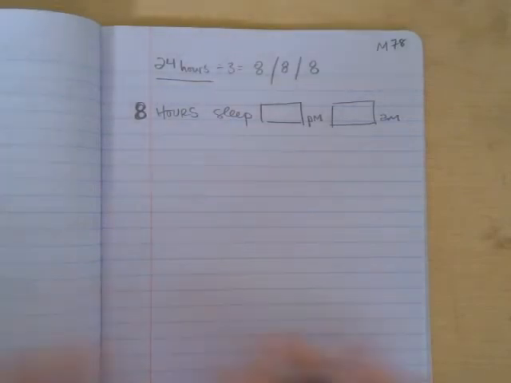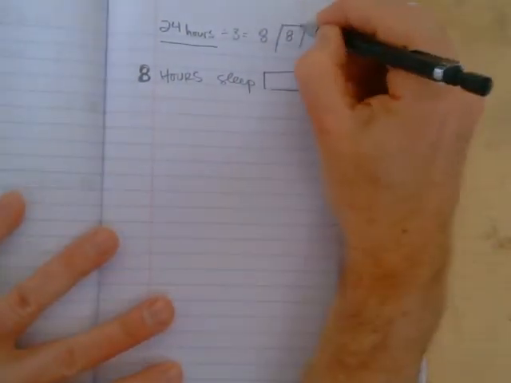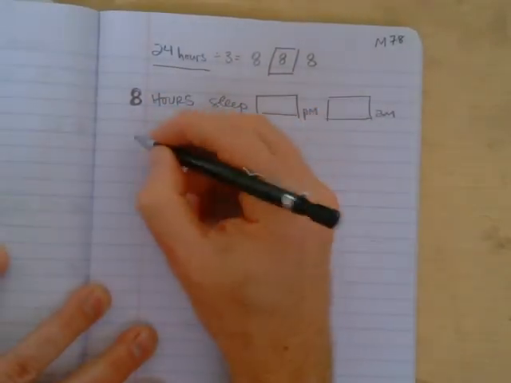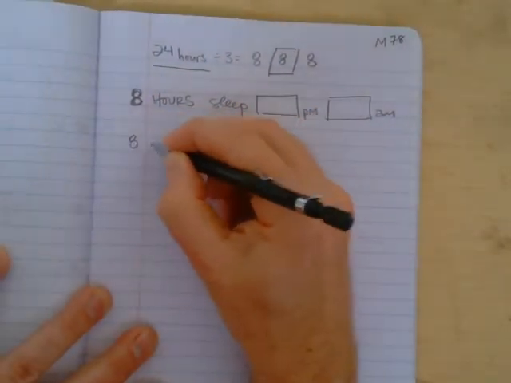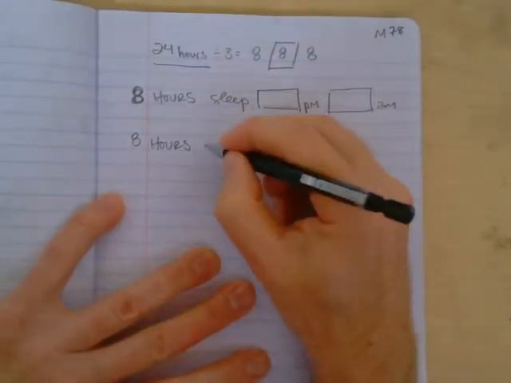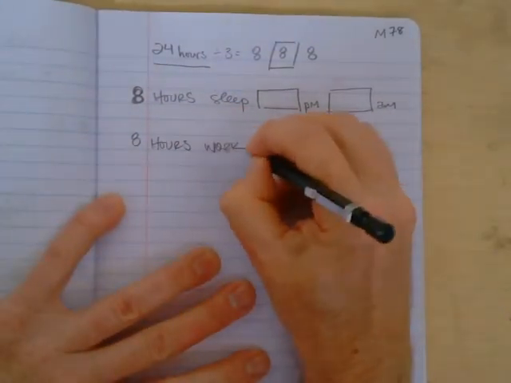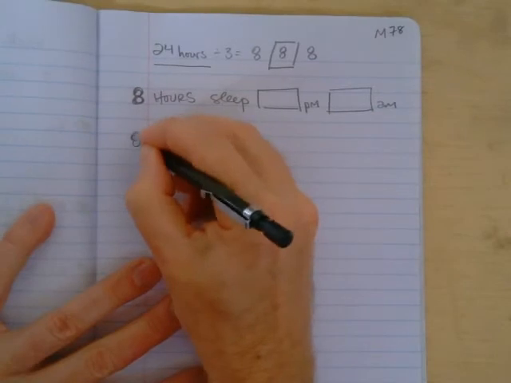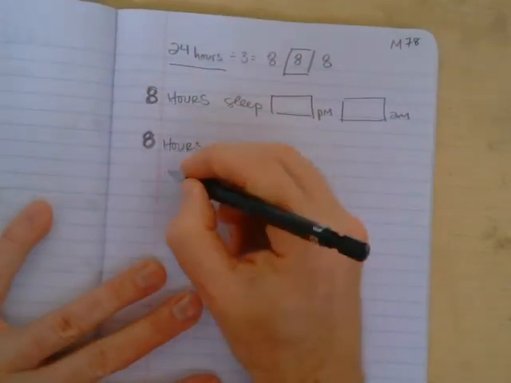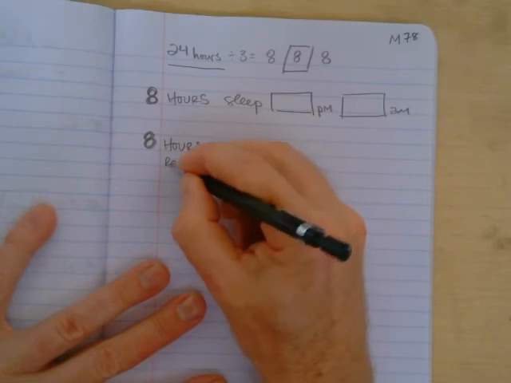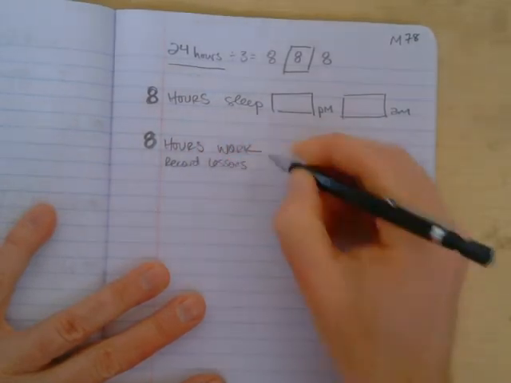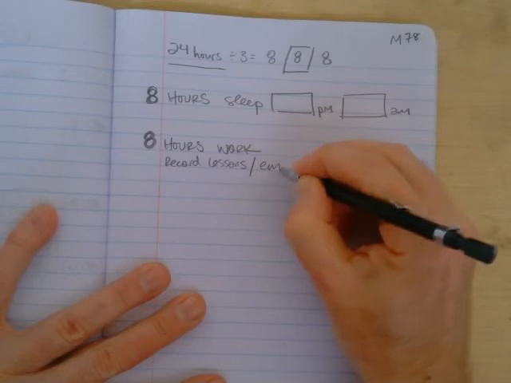All right, the next 8 hours, those are the 8 hours on Mr. Corcoran. So 8 hours of, I'm going to call it work. And of the 8 hours, some of the things I do are record lessons, send email.